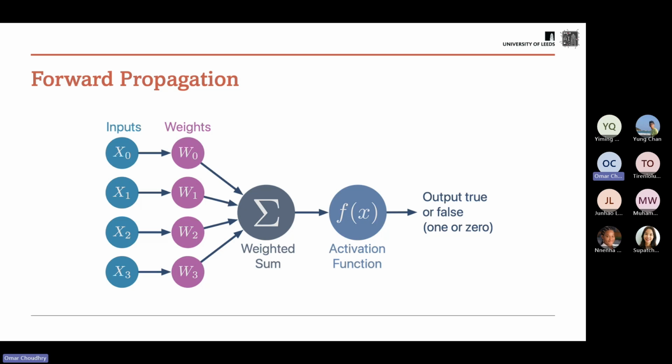A normal perceptron, all it's able to do is draw a single line. So I could draw a line here or a line here. But what I can't do is separate out the circles from the crosses, because it's not possible. This is what we call a non-linearly separable problem, because I can't just use one line to separate the crosses from the circles.